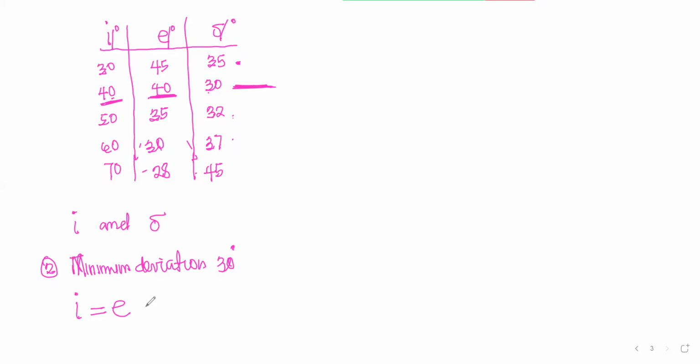So it satisfies this condition. Class, are we okay? So it is the minimum deviation because at this point the angle of incidence is equal to the angle of emergence.